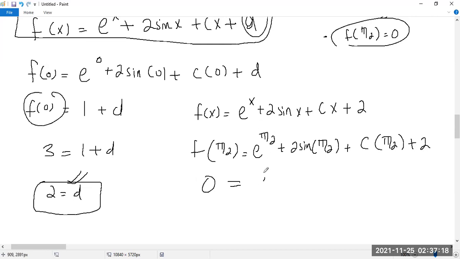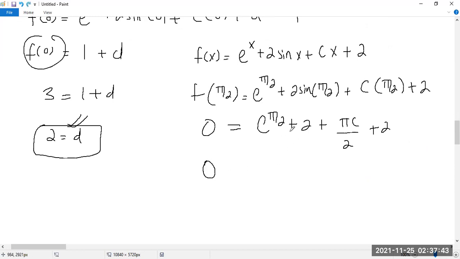So sine of pi over 2, the y value at pi over 2, is 1. So this is just 2 times 1, which is just 2, plus c times pi over 2. Can't do much with that.